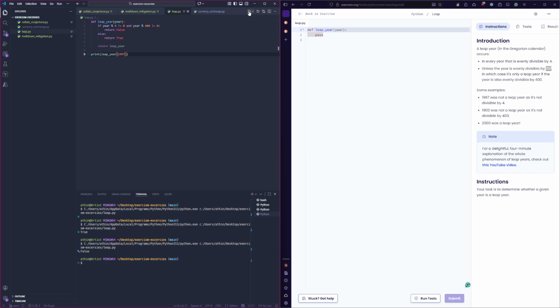Okay. Hmm. That is a problem. So it says it was not a leap year as it's not divisible by 400. 2000 was a leap year. Hmm.